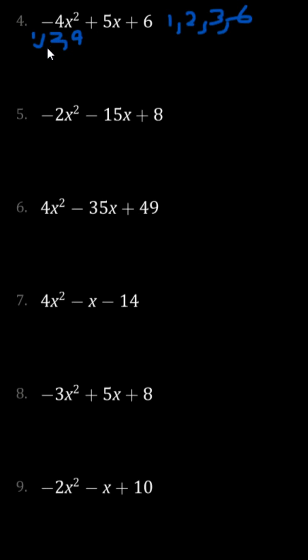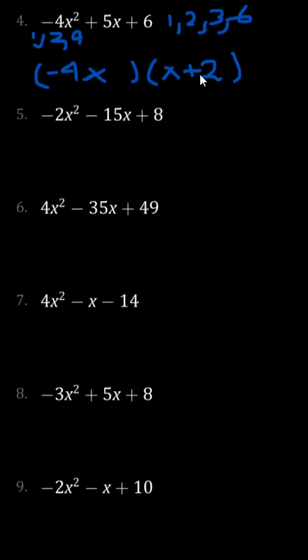If we were to do -2 times -3, we would get +6, but that wouldn't work out. What about -4x, and multiply that by regular x, and then we want the -4x to multiply by 2.